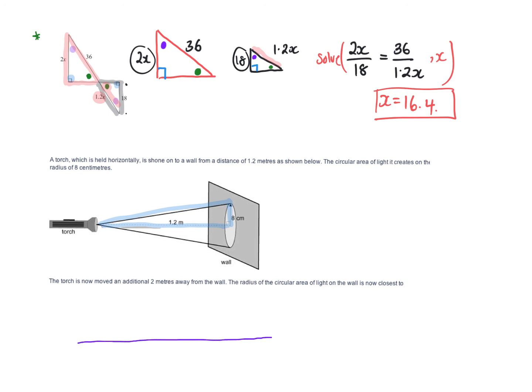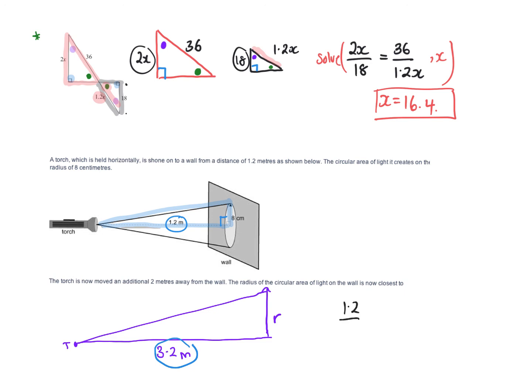So this 1.2 becomes 3.2 meters. And when you move a torch back, it creates a bigger radius, a bigger circle. So we've got our two similar triangles here, where we've got 1.2, which is similar to this 3.2.